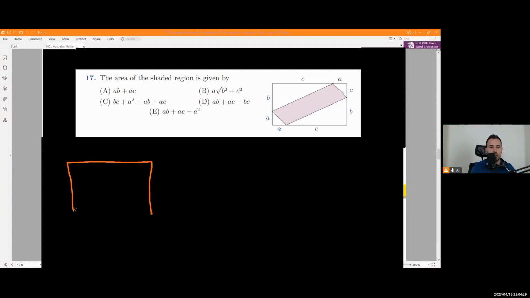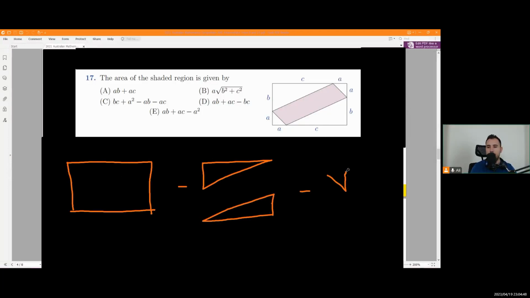the large rectangle minus this and minus this one as well. And again, minus this one and minus this one.